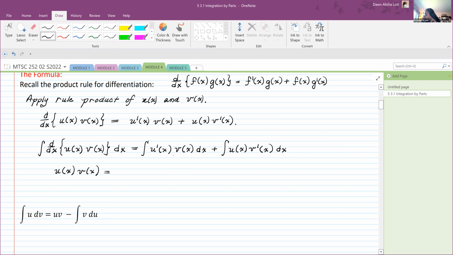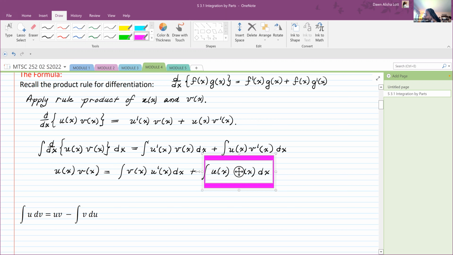And then over here, I want to write this as the integral of v of x u prime of x dx plus the integral of u of x v prime of x dx.